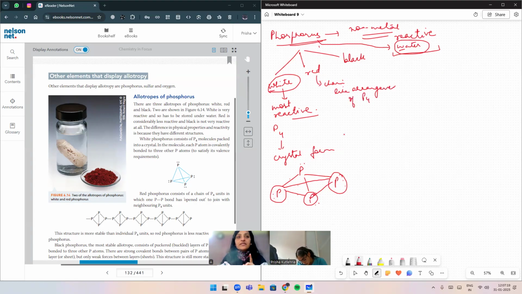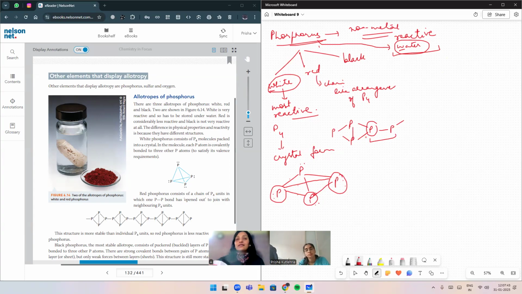Okay, so what happens when one P4 is here, right? Again, now what happens? This P4 is going to bind up with another packet of P4. So there is an open bond found between the two units, leading to a chain-like structure.